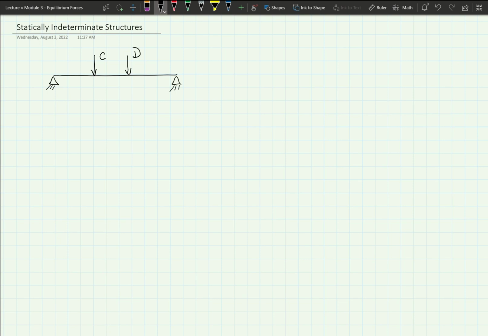Now, the only way to really solve this one is to know some things about the deflection of the beam. Okay, and I'm going to explain why this is statically indeterminate here in a second. So let's do this.